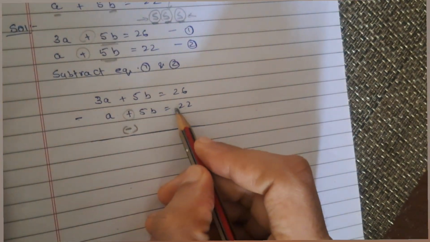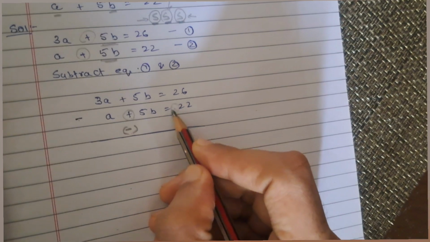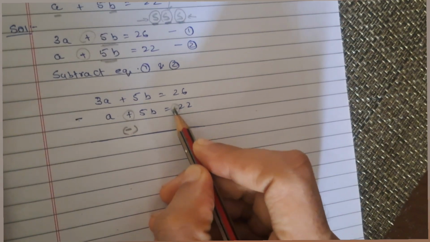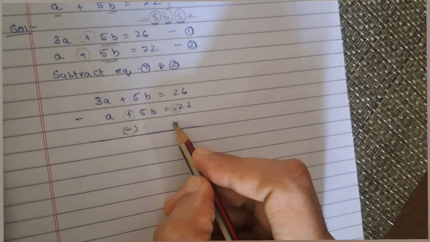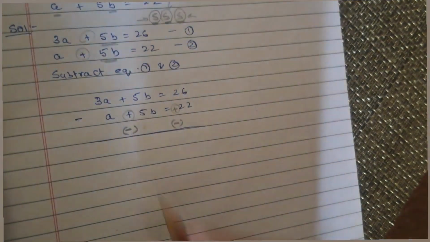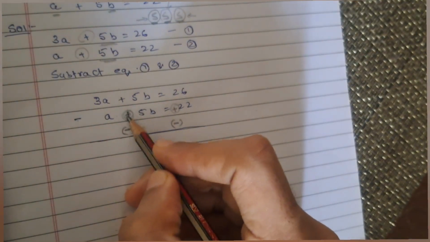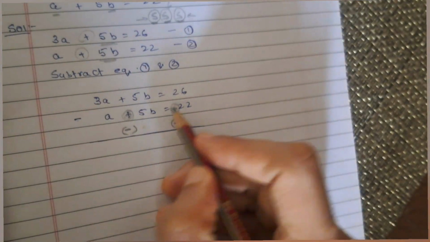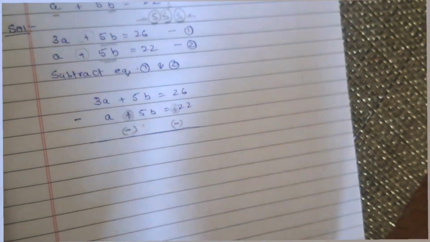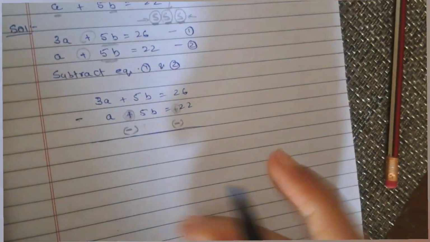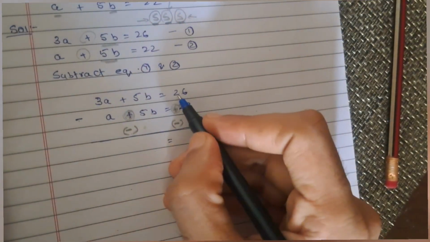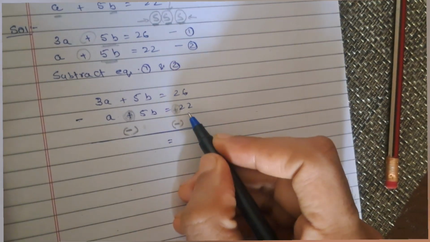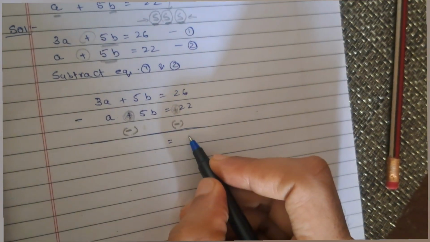Similarly, here there is no sign, which means by default there is a plus sign, so that will also become minus. So now this plus is no more a plus, it is a minus. Here also it is no more a plus sign, it is minus. Accordingly you will have to do the calculations. So let's do this. 26 minus 22. It's 4.